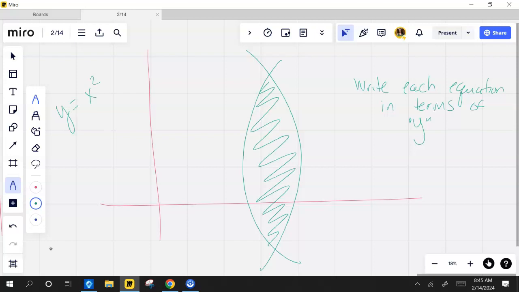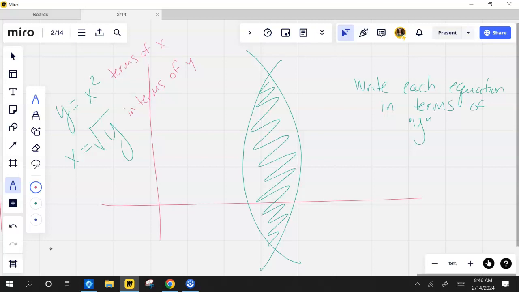If I wrote that equation in terms of y instead of x, well, that would be solving it for x, so it would be the square root of y. This one is in terms of x, this one is in terms of y. Does that make sense?